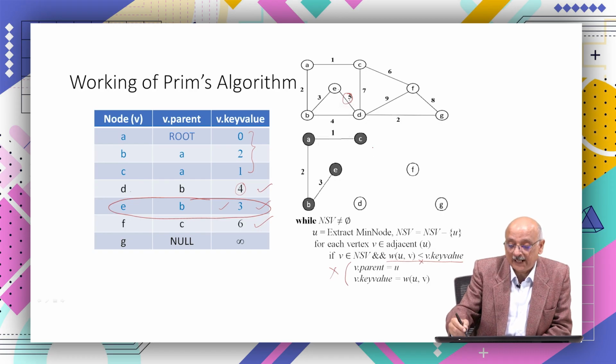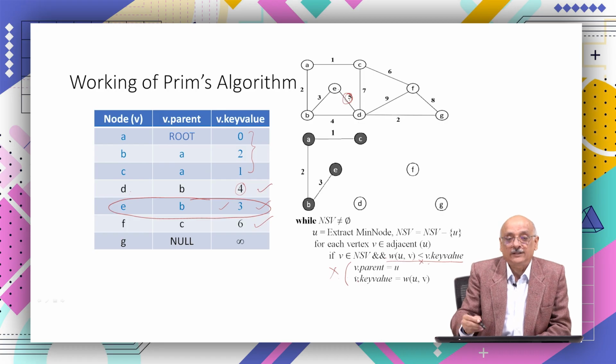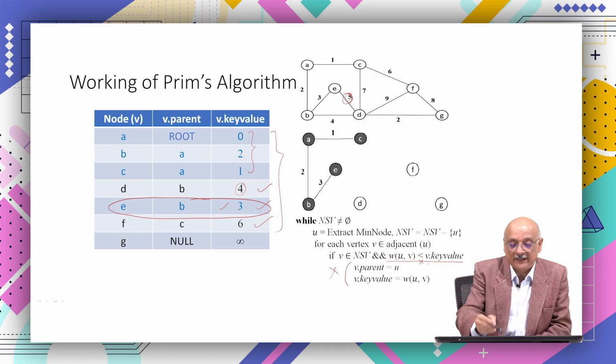So because of that, it's okay. Nothing else is to be done as far as this step is concerned. And why we don't need to do it? Because the weight of edge E to D is 5, and B to D, which is already the parent of D, has a weight of 4 only, right? So this condition is false. Both the conditions have to be true in order to execute this particular part. All right. So this is the next state which we get.